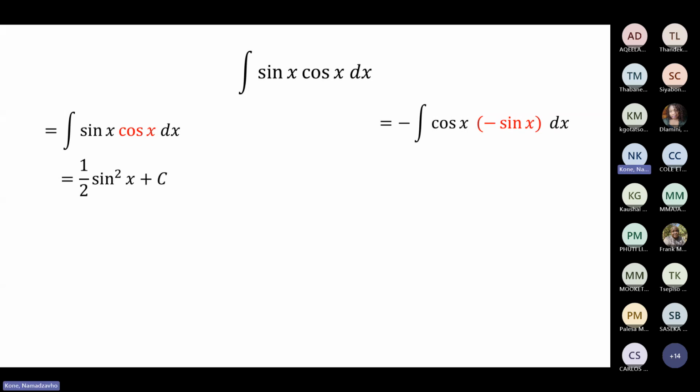Because we want that derivative to be seen as minus sine x in red, we need to compensate it by a negative outside. It's like multiplying this whole expression by -1 times -1, because we know -1 times -1 is equal to +1. Then we take the other -1 outside, which is the negative outside the integral sign, and the negative accompanying sine x inside.